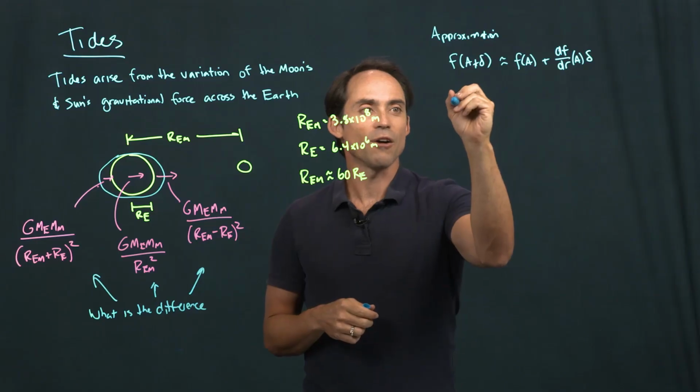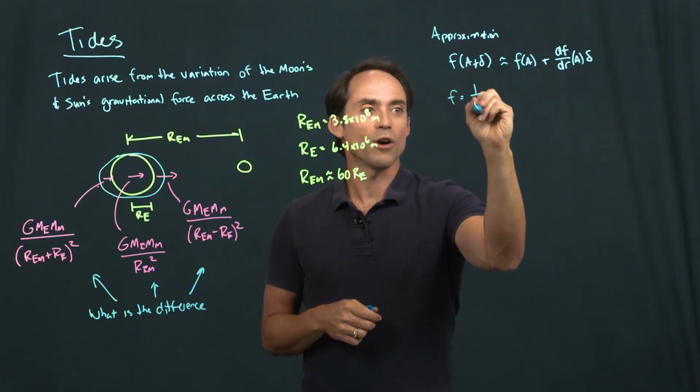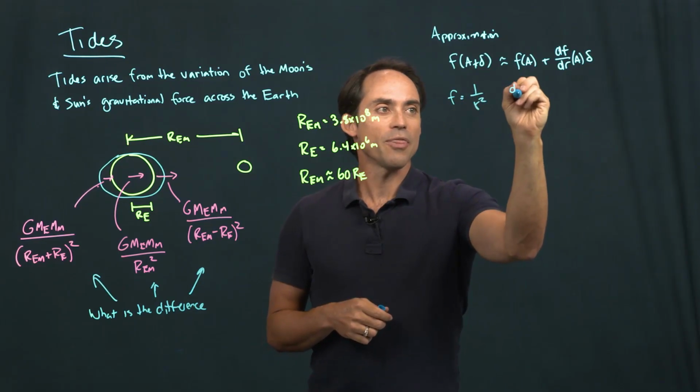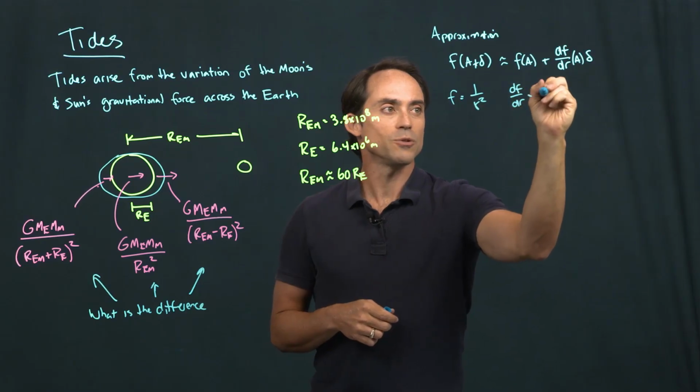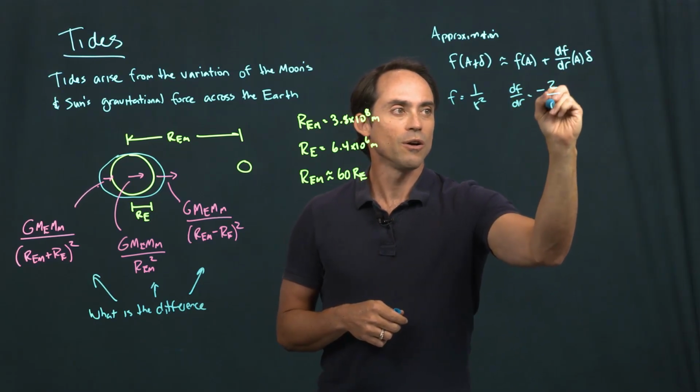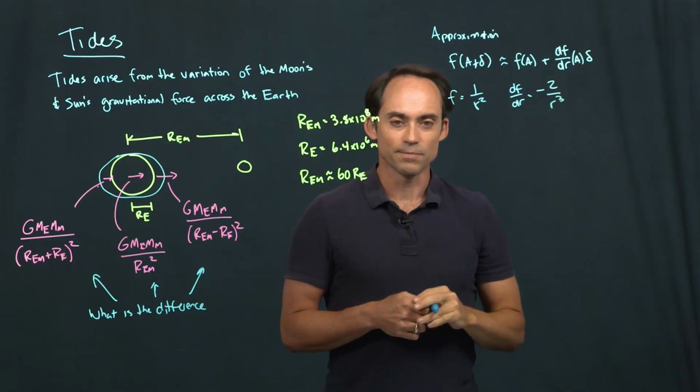In this case, our function is 1 over r squared, and the derivative of that is equal to minus 2 over r cubed.